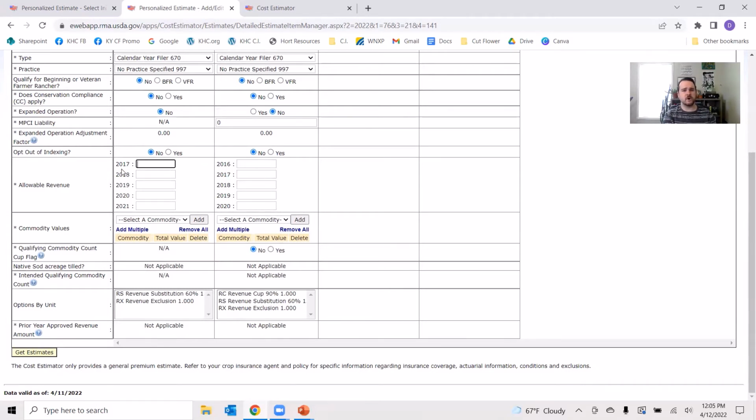The years are off here, but I'm going to use the same numbers in each and not worry about the year on the side, just so we can more easily compare the prices. So I'll type these in really quick.